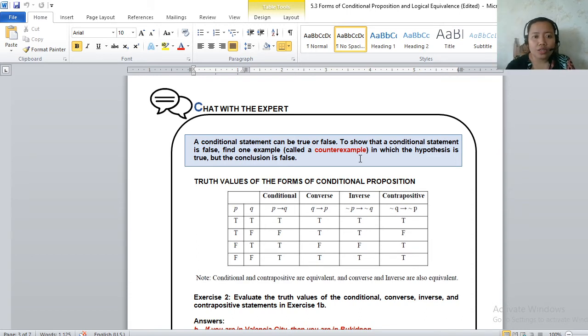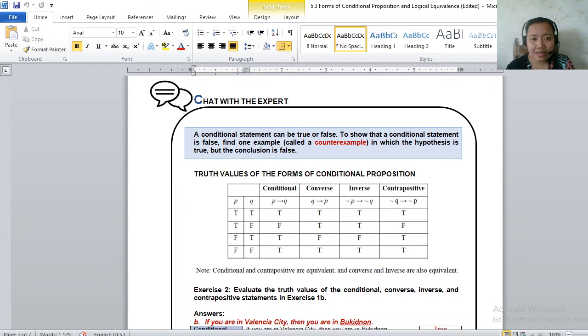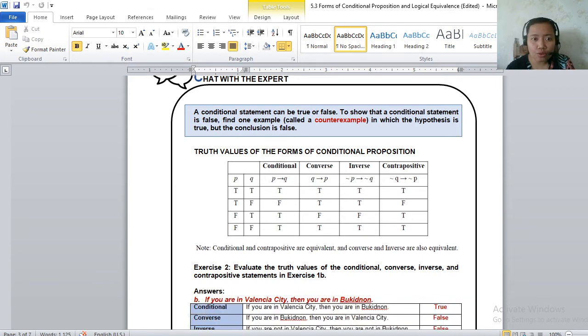So, this is the truth values of the forms of conditional propositions. So here, if P and Q are true, then the result of the conditional proposition is true.